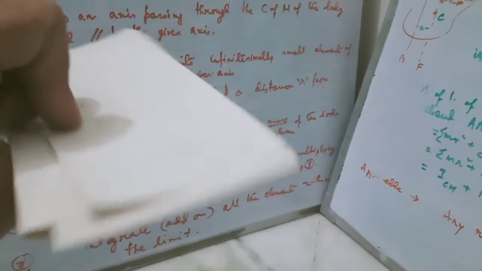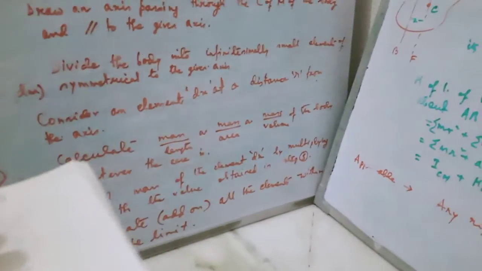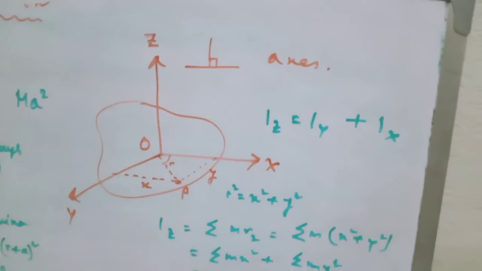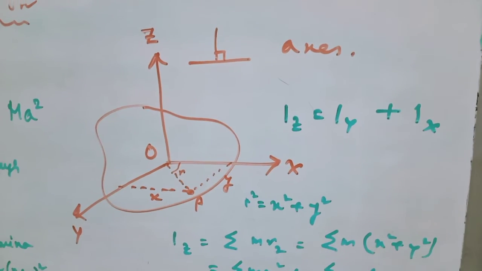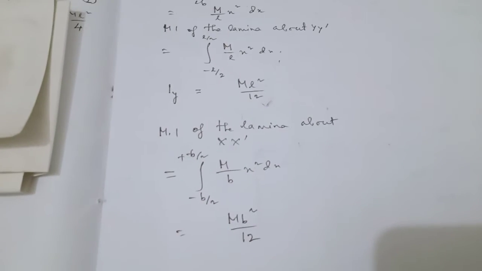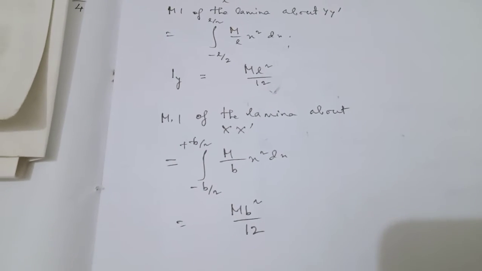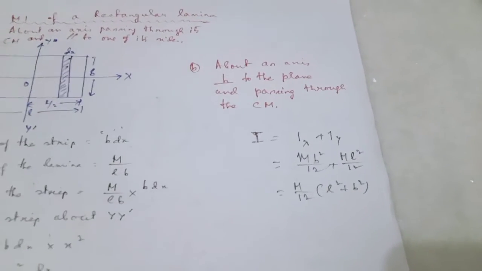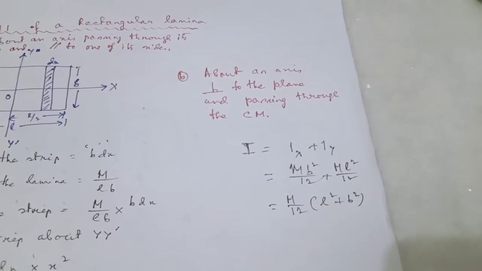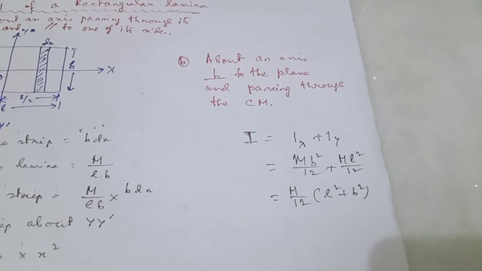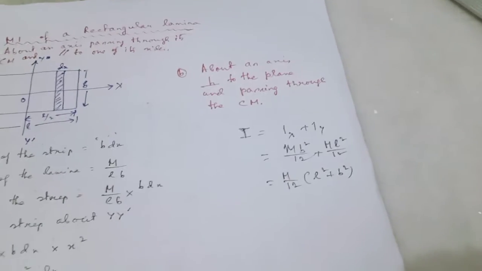Here there is a three-dimensional space, and we can apply the theorem on perpendicular axis. So I will be equal to Ix plus Iy. What is Ix? Mb square by 12. What is Iy? Ml square by 12. Just add these two and you will get the moment of inertia about an axis perpendicular to the plane and passing through the center of mass.